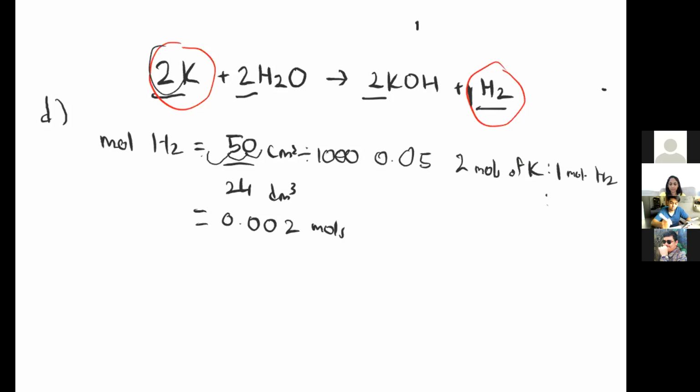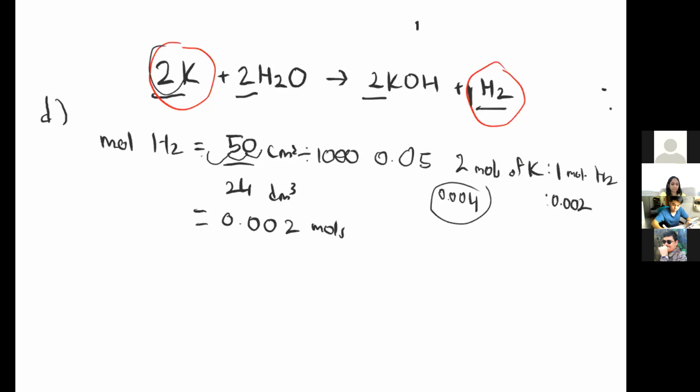So if the H2 is 0.02, then you just times it by 2 because the ratio is 2 to 1. So you get 0.04. Remember to write the full thing because I'm just doing this because it's faster. So when you already have the mole, and they are kind enough to give you the relative atomic mass of the potassium.